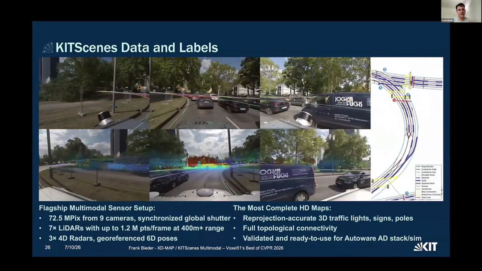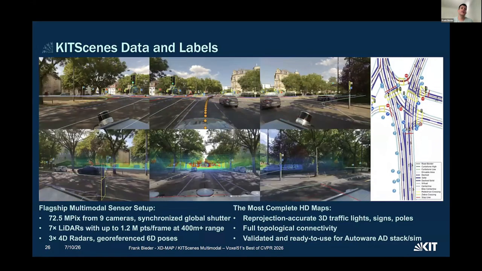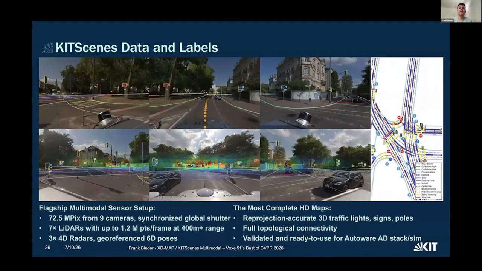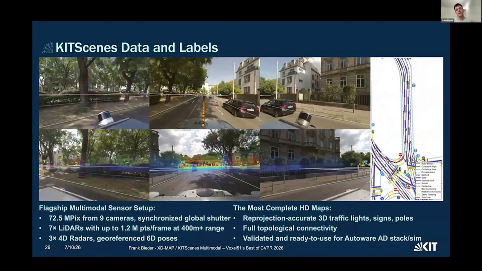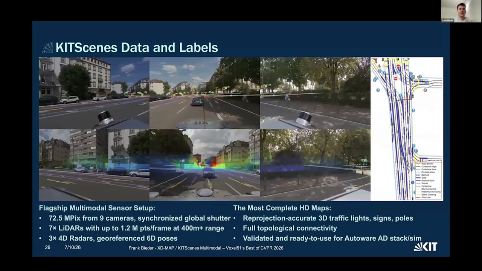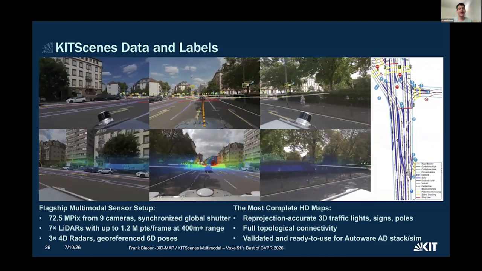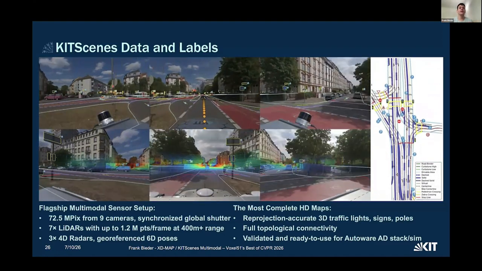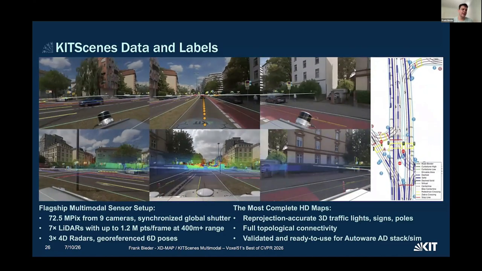We have this for up to 2000 scenes, with maps which represent the cities, and we know our location so accurately that you can take a very small element from the map and back project it into the sensor space of any of our sensors. They are very well calibrated to each other. This is a magnitude of accuracy you don't find in other autonomous driving datasets right now.